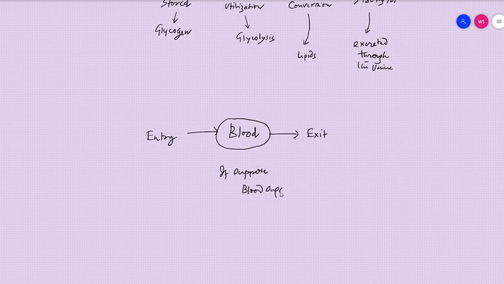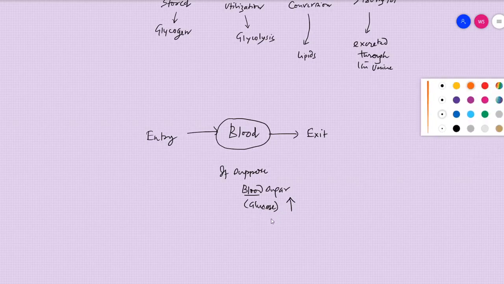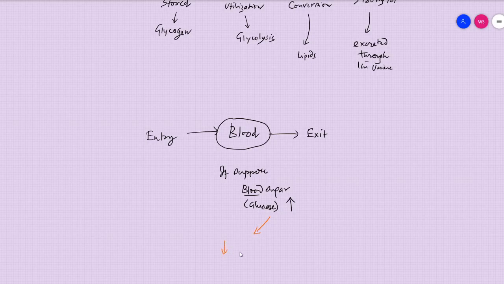Because now we know the physiology of how it enters and how it exits, we will have targets.